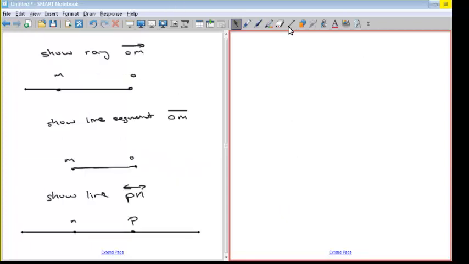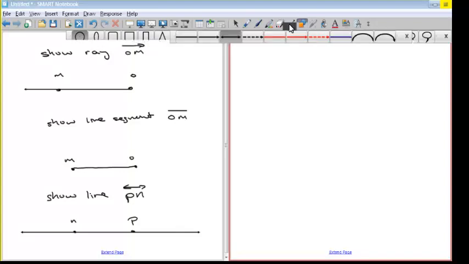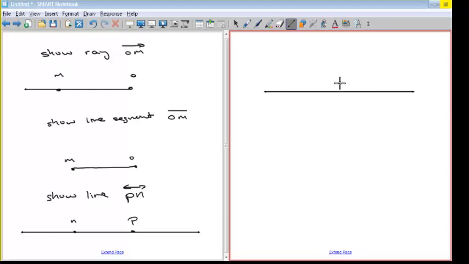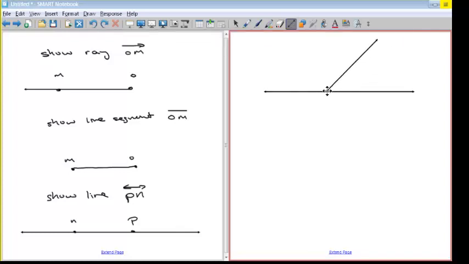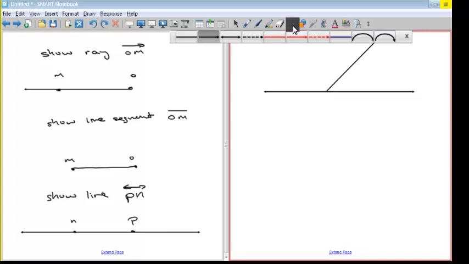There are going to be a couple of these problems where I'm going to give you one of three rules that you need to use. There's going to be something where you have a supplemental angle situation, kind of like that. There will be one where you have a triangle.